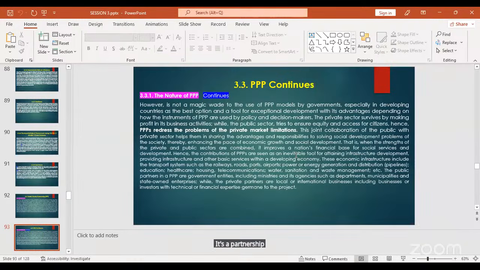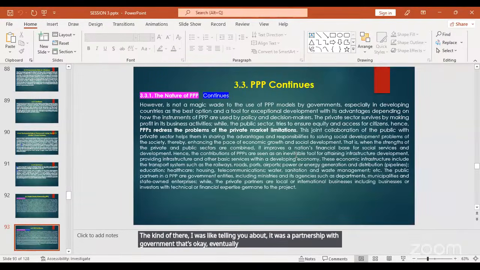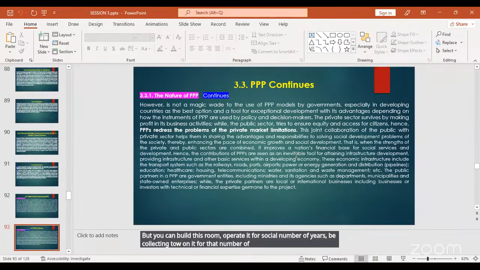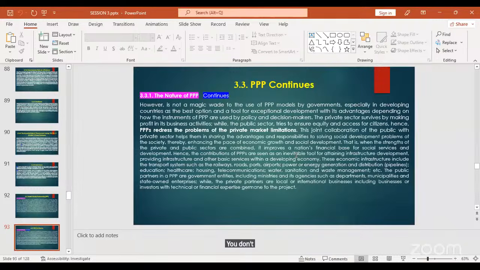The kind of deal I was telling you about was a partnership with government. Eventually, this road will be transferred to government. But you can build this road, operate it for a number of years, be collecting toll on it for that number of years. But after that, you don't collect anything. It becomes normal government property and everybody will use it freely.